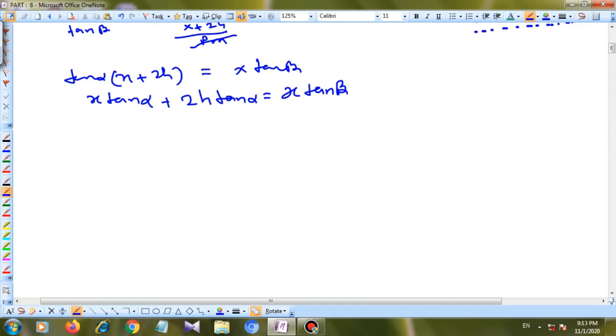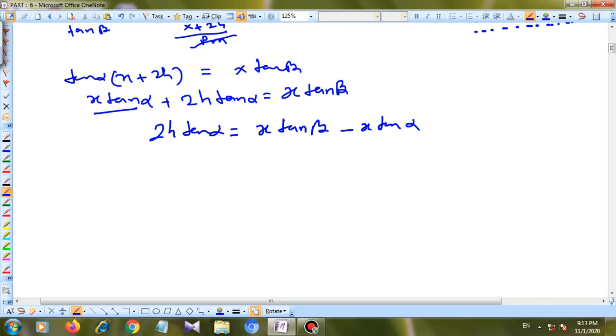So transfer x tan alpha towards x tan beta, then we will get twice h tan alpha equal to x tan beta minus x tan alpha.